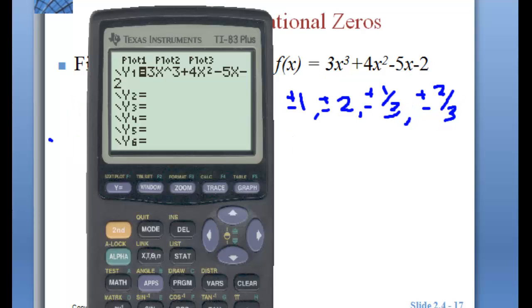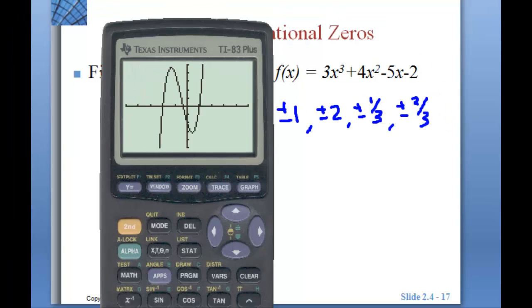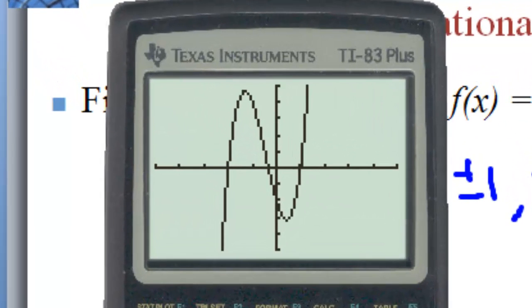We're going to take these numbers and now graph that function. So I have this function in the y equals. I've graphed it and zoomed in on it. From here we can see that the zeros look like -2, a potential one would be -1/3, and +1.